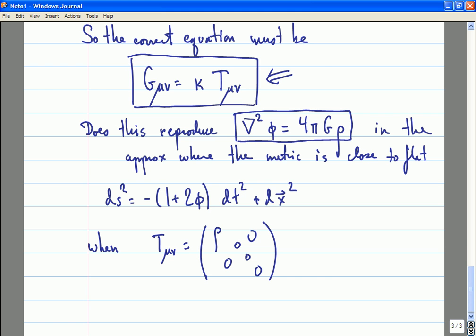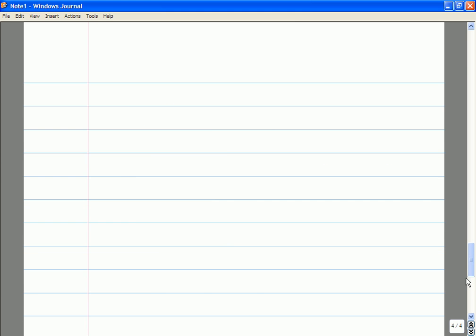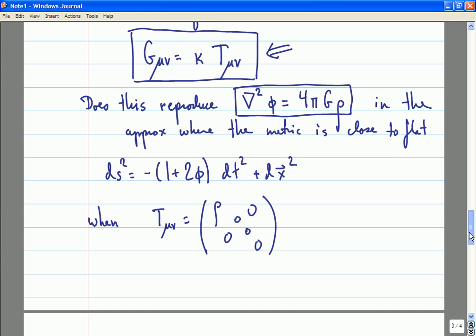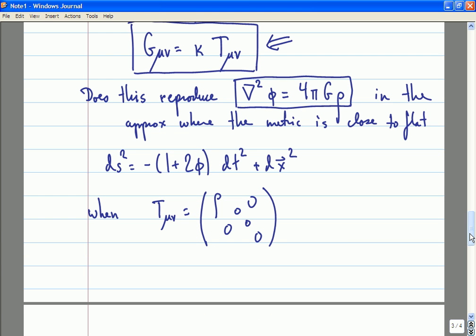So we're working here with Einstein's equation, G mu nu is kappa T mu nu. As I said, the first thing that we can notice about this is that you can take the trace of both sides to get an equation for the Ricci scalar R. So let's go ahead and do that.